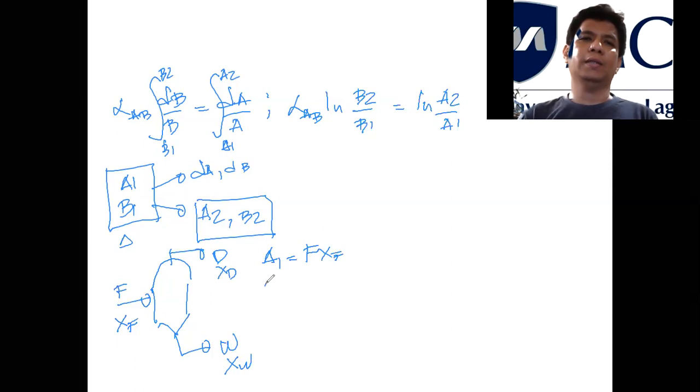And then B1 will be equal to, remember, XF is the concentration in terms of the more volatile component. No? So B1 is the less volatile component. So B1 is, kung binary lang, dalawa lang yung component, that would be F times 1 minus XF.